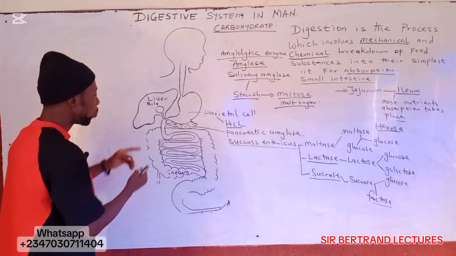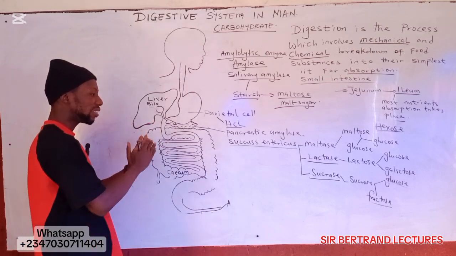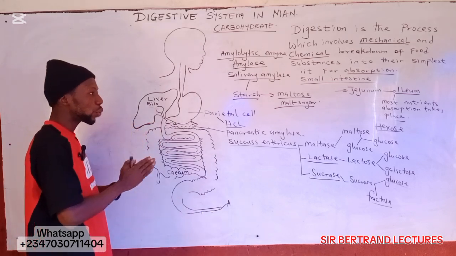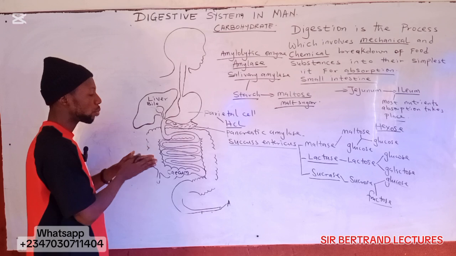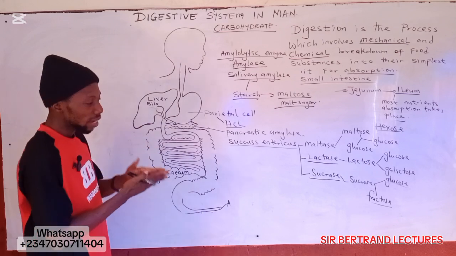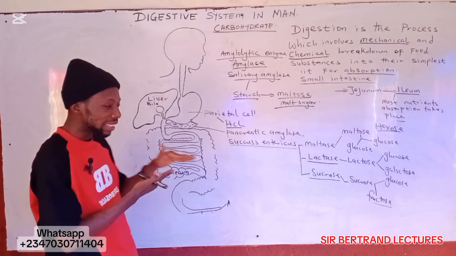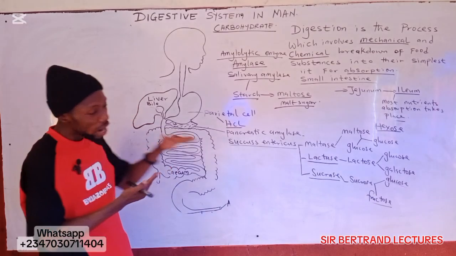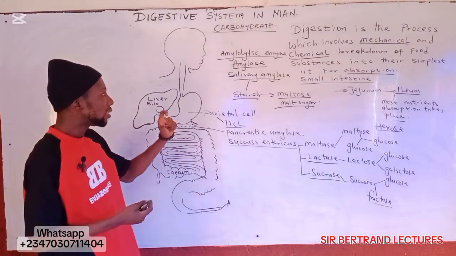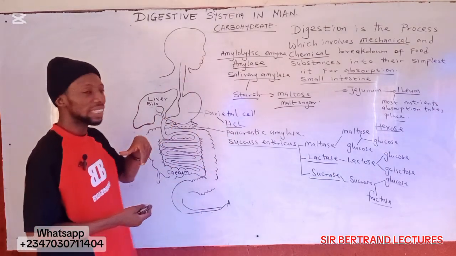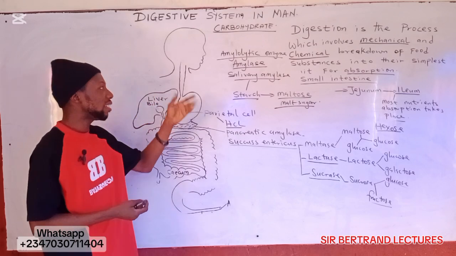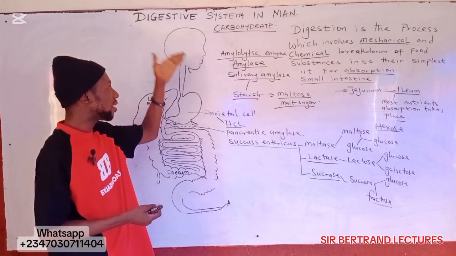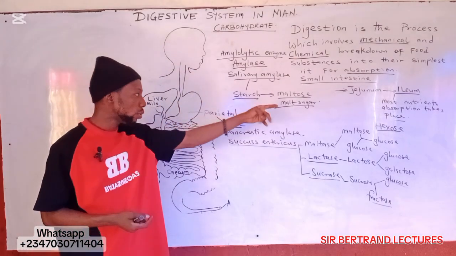So now in the small intestine, this is where digestion of carbohydrates stops, where carbohydrates are broken down into their simplest units for absorption. Digestion of carbohydrates starts in the mouth, where the starch is converted to maltose.